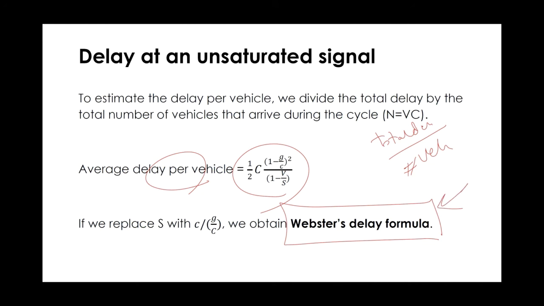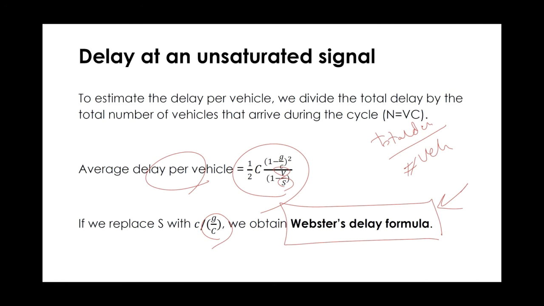So this Webster's delay formula is one of the most basic formulas in designing traffic signals, which gives us the average delay per vehicle as a function of G over C, as a function of the arrival rate, as a function of the saturation flow. So if we have the saturation flow, the G over C, the cycle length, and the arrival rates, we can actually calculate the average delay.